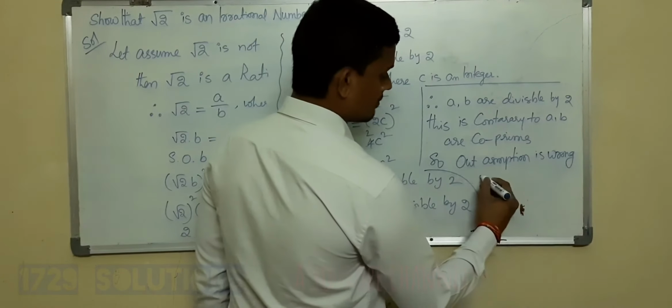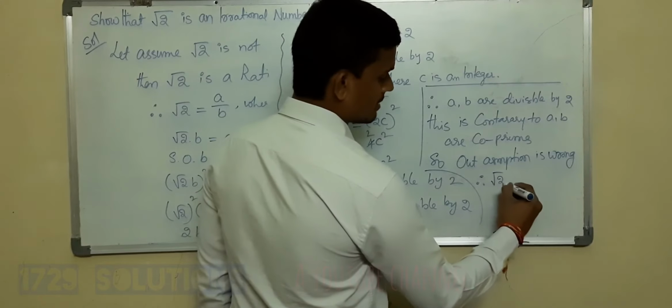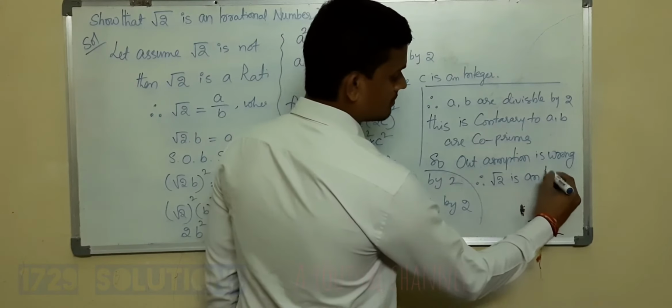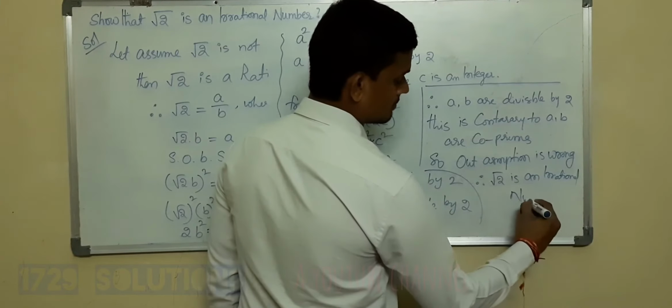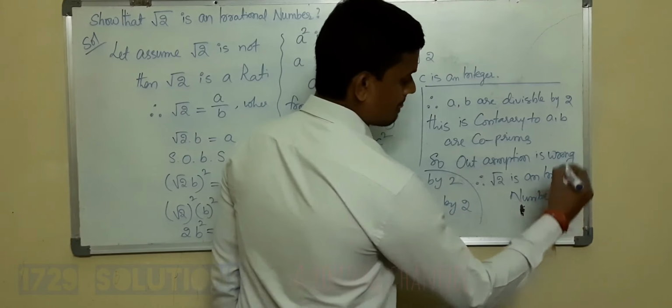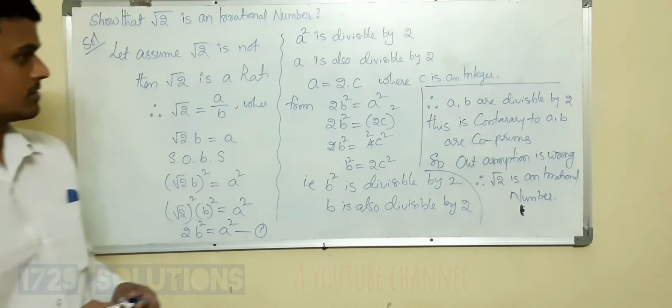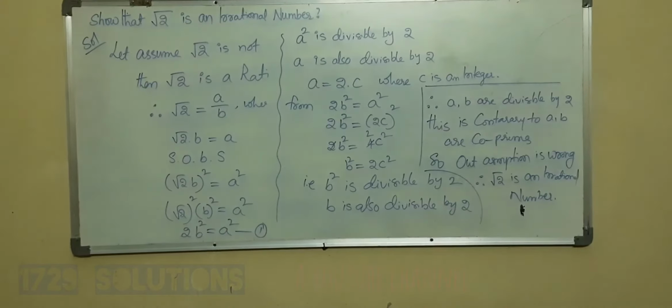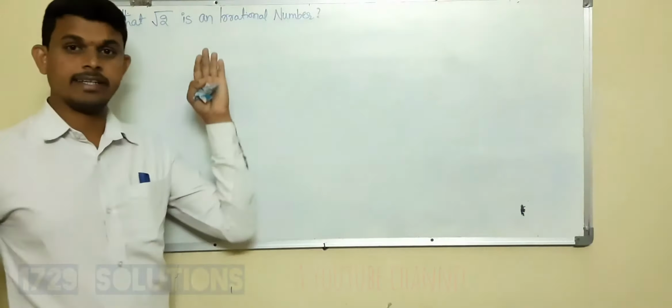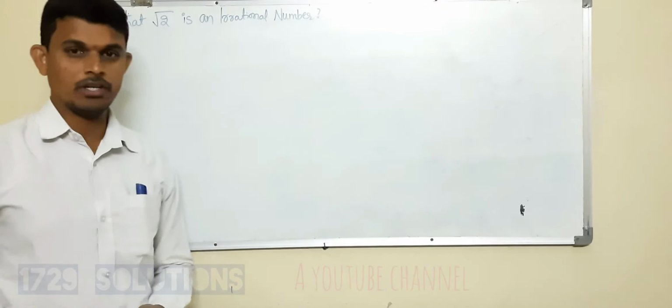Therefore root 2 is an irrational number. Check the answer, see the screen. I think this proof is understood by you.